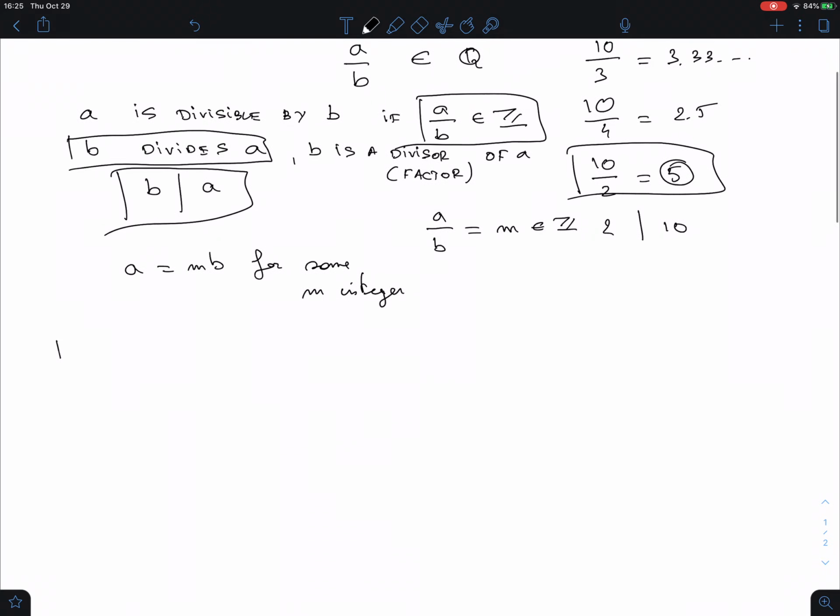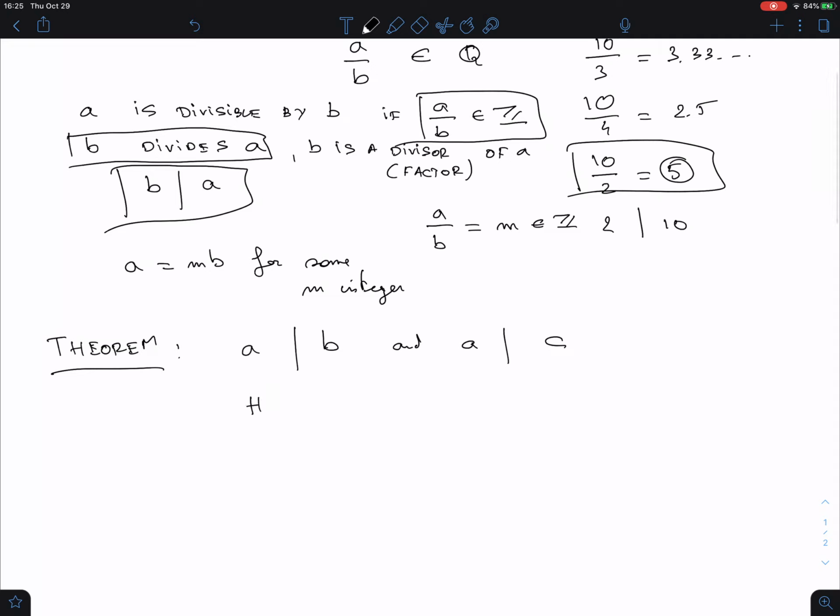So theorem, it's not really a theorem, so that is me theorem or property. If A divides B and A divides C, then A divides B plus C. Okay.